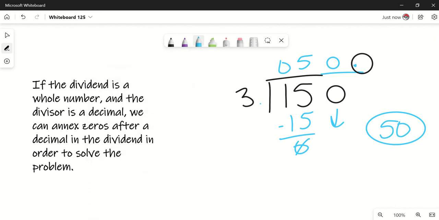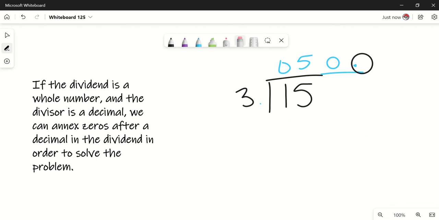So again, if the dividend is a whole number and the divisor is a decimal, we can annex zeros after a decimal in the dividend in order to solve the problem. So just because the inside doesn't have a decimal doesn't mean that I don't do anything.